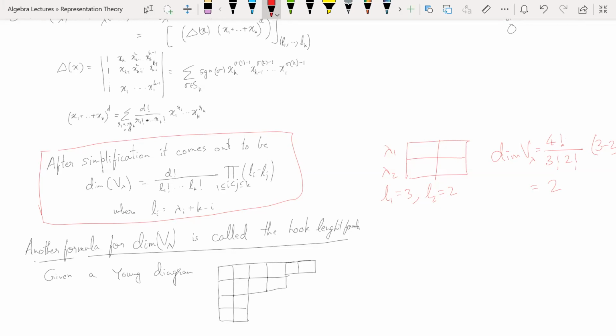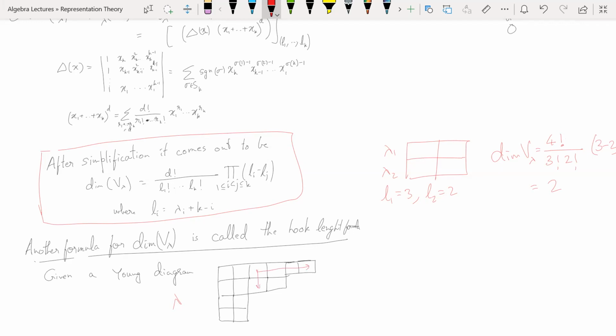So maybe we will deduce the hook length formula from this formula. But let me tell you how to compute the dimension. You take any box of lambda, maybe this box. If you take this box, it gives you a hook here.